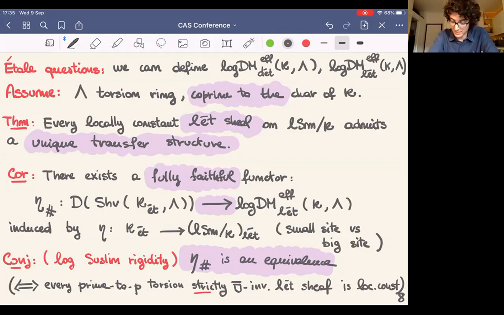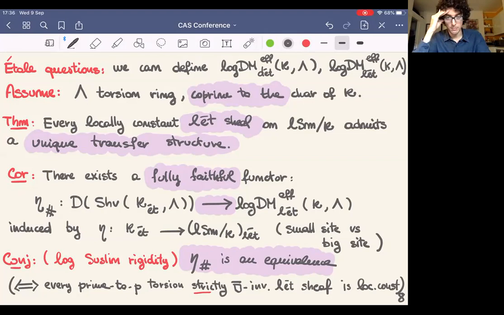Okay, so an equivalent formulation of this conjecture is that every prime-to-p torsion strictly cube invariant log étale sheaf, that's very long to say, is locally constant. And let me stress that I have to say strictly cube invariant sheaves, because there are examples of cube invariant sheaves which are not strictly cube invariant. For example, mu_n.